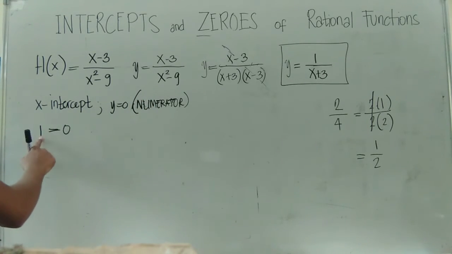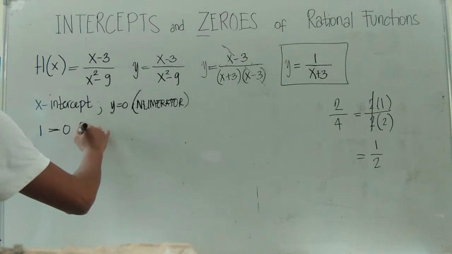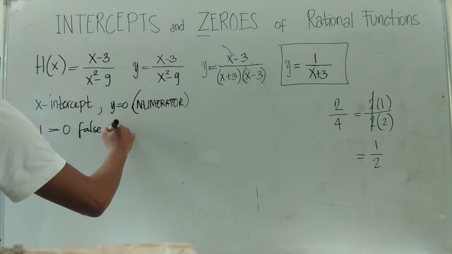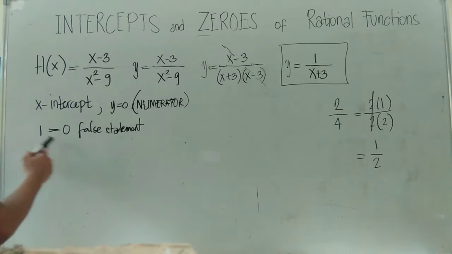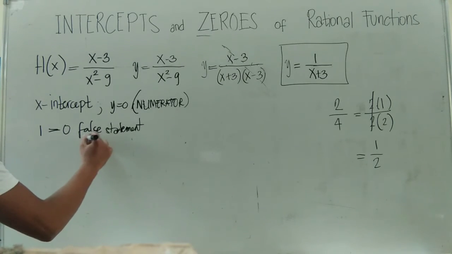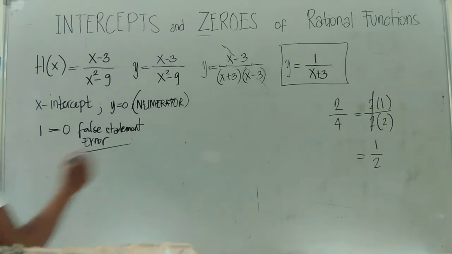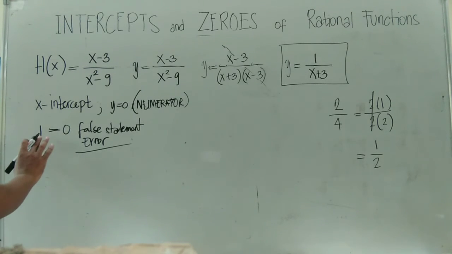Equate it to 0. 1 equals 0 is a false statement. You cannot solve for x in here because your numerator has no x in there. So it will be a false statement, or assuming this is an error. I will explain why it becomes an error or a false statement on your x-intercept.